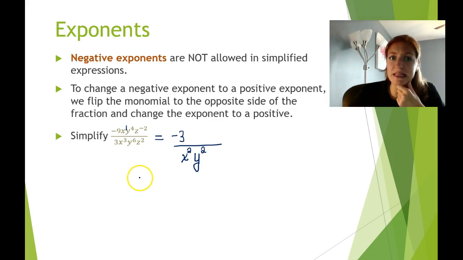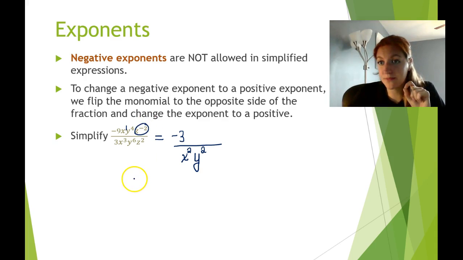And now we have our last monomial, z squared and z to the negative second. Now, this one's a little bit different. You may be going, I don't like that negative exponent. So there's 2 ways to handle it. The first way is saying this z up here, he's not happy. Not happy with his life right now.